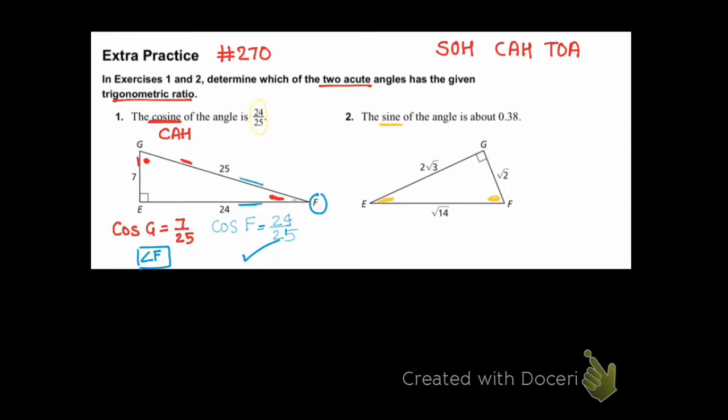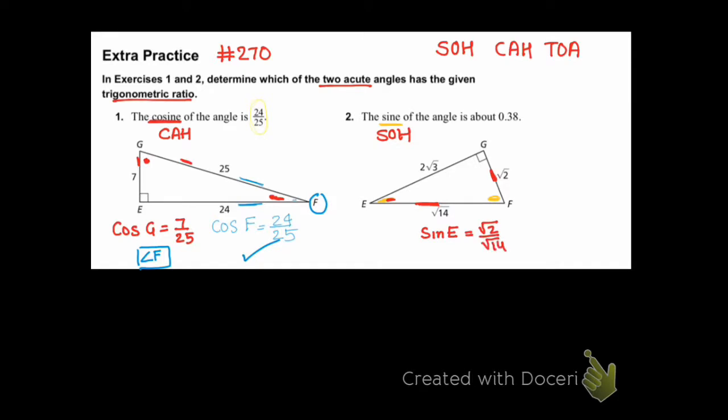If I find the sine of angle E, sine is opposite over hypotenuse. For E, this is the opposite, and the hypotenuse is this one, so the sine of E is √2/√14.